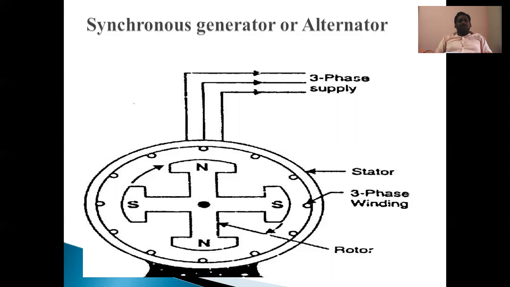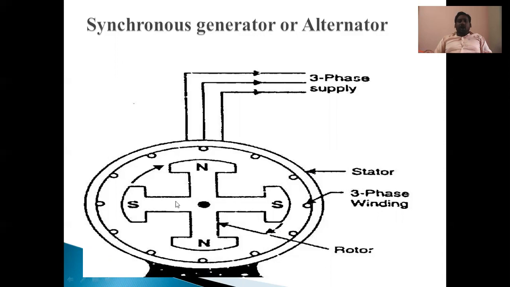That's why this rotating field system develops the required flux to produce voltage in the armature winding of the stator. Here the field flux is produced when a DC supply is provided to the field winding of the field poles.